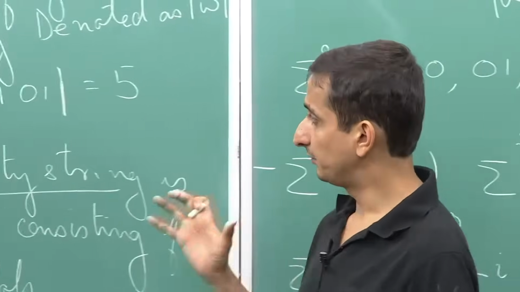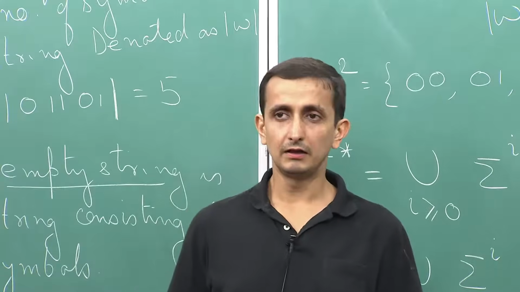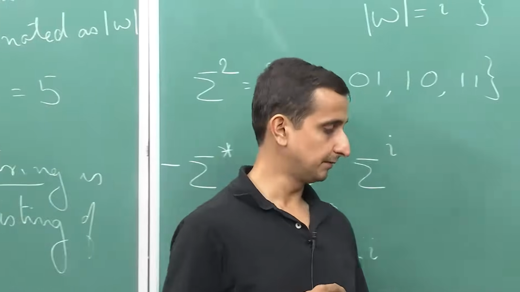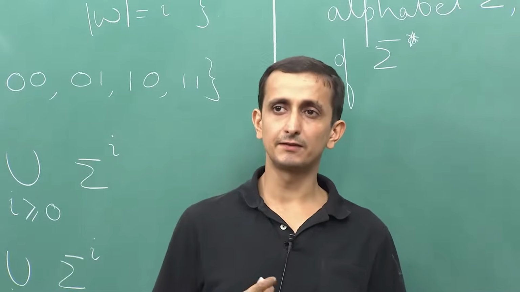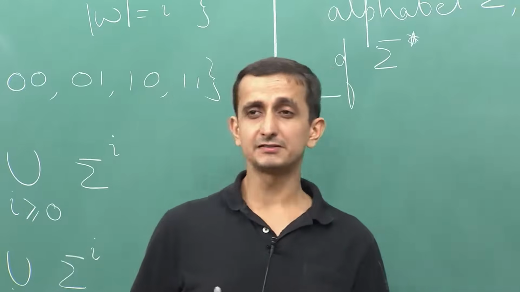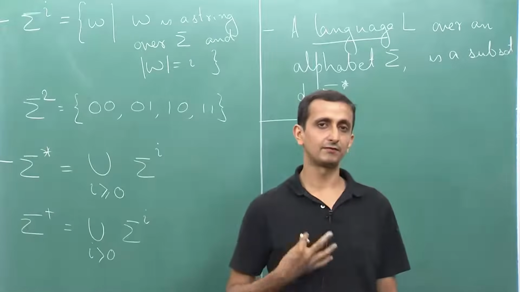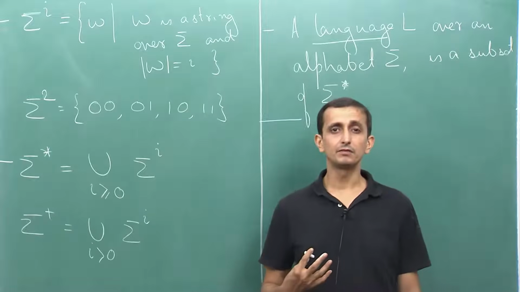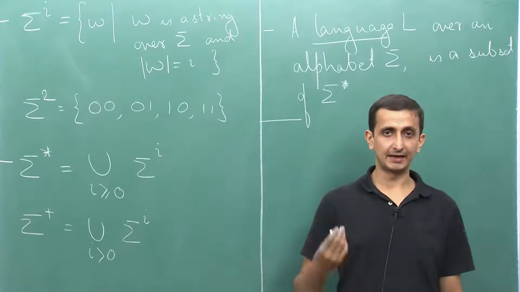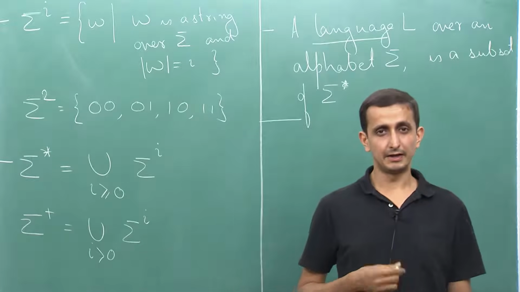So, now that we have this framework, let us get back to what we mean by deterministic finite automata. So, last time we gave an informal description of what a deterministic finite automata is, what a finite automaton is, and what kind of sets or what kind of languages such computational models are able to accept.